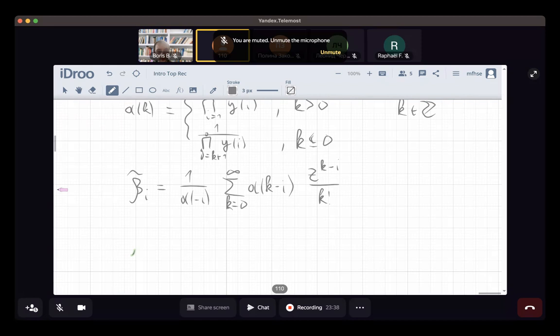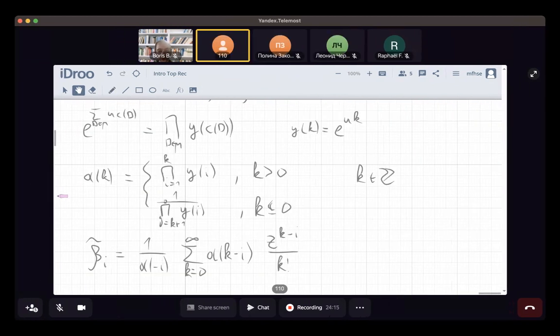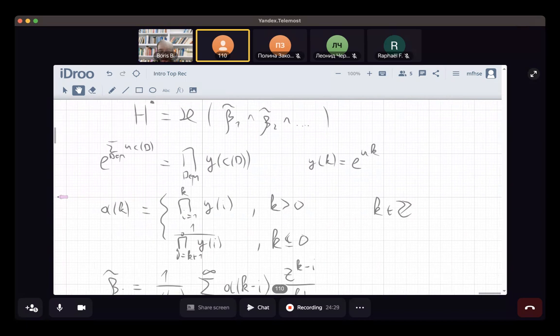Specifically for simple Hurwitz numbers y of k is equal to this, but later on y is not. At this point, I'm starting to think that maybe let's rename y to phi. This will be better, in order to what you are going to talk about later. It doesn't matter, but let me just rename, I guess.